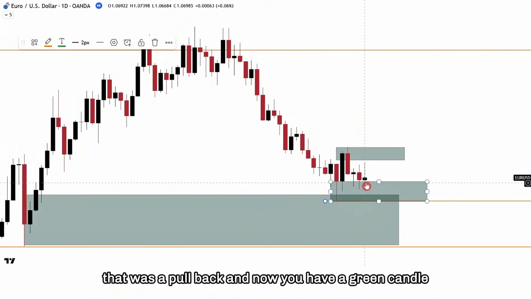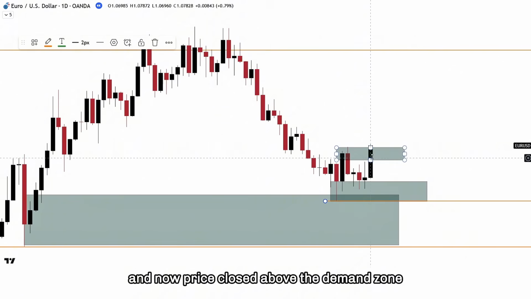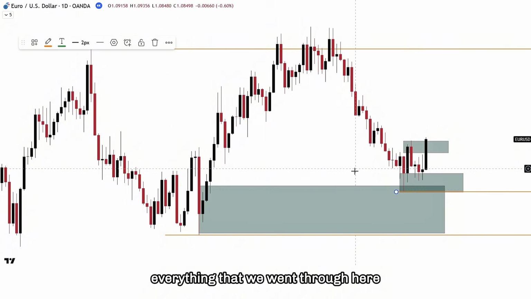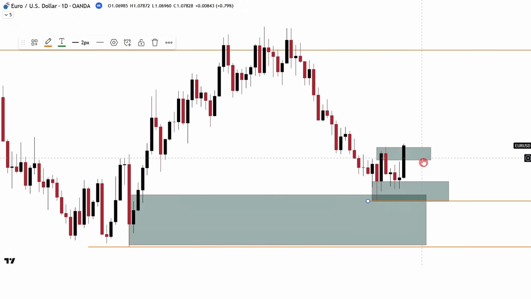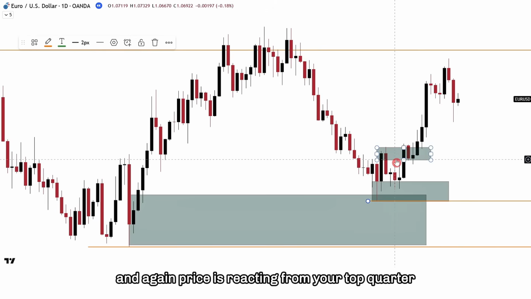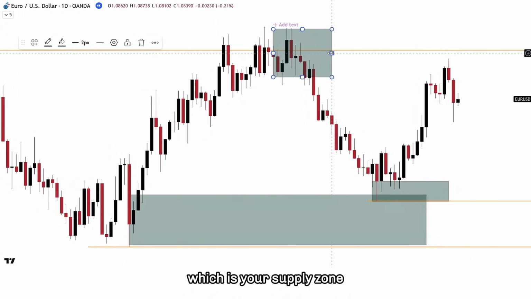That was a pullback, and now you have a green candle. And now price closed above the demand zone. So same thing again. Everything that we went through here, same thing. And again, price is reacting from your top quarter, which is your supply zone, and same thing.